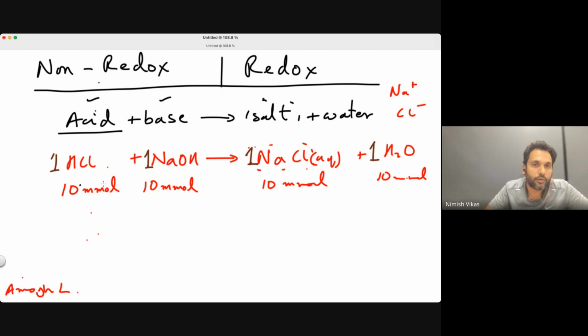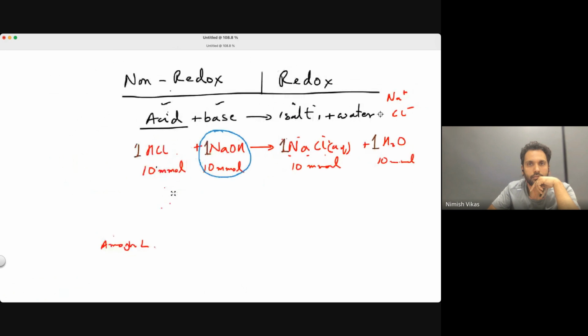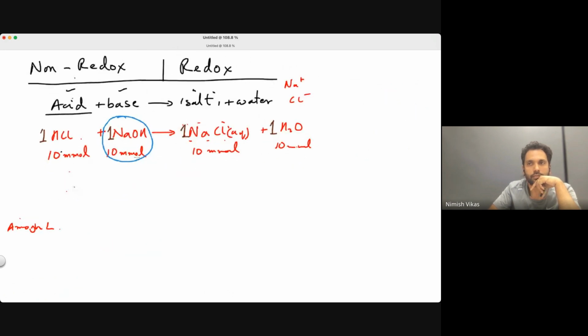He will try to give you one of the values in a certain way, most probably for an acid or a base. So most of the stories go something like this: there was an unknown amount of acid.